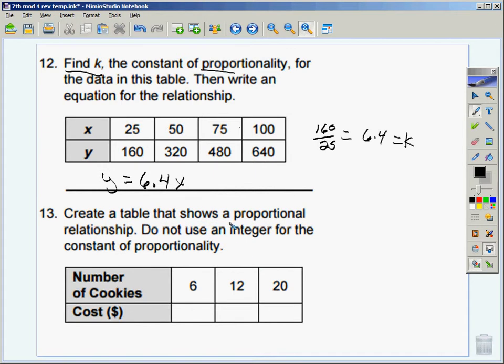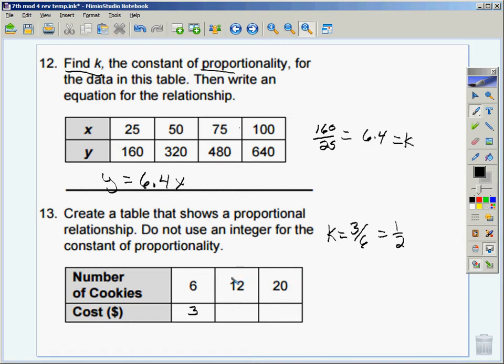Create a table that shows a proportional relationship. Do not use an integer for the constant of proportionality. So they want K to be some kind of fractional number. So if I let the cost be $3, 3 divided by 6 would be 1/2. So I can see that K is not an integer.